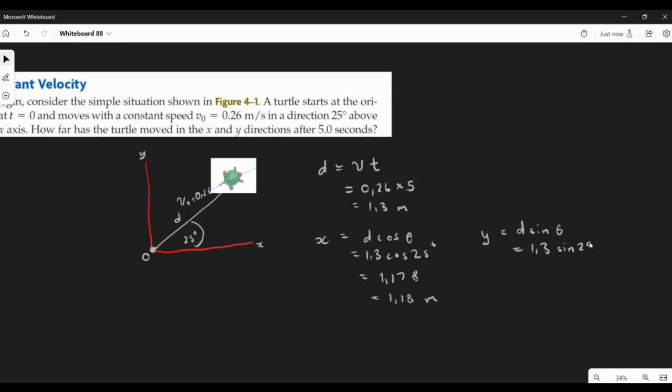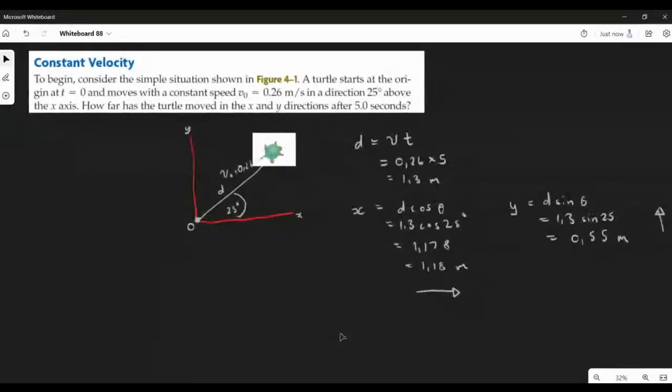Sine 25, and then you should get an answer of 0.55 meters. So what it means is that it has traveled to the right 1.18 and also upwards 0.55. All right, is everyone content with this?